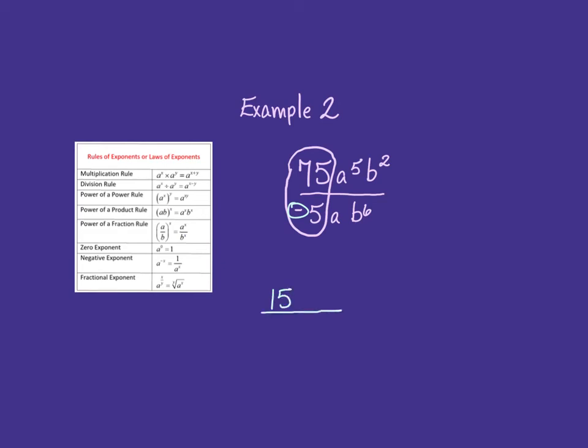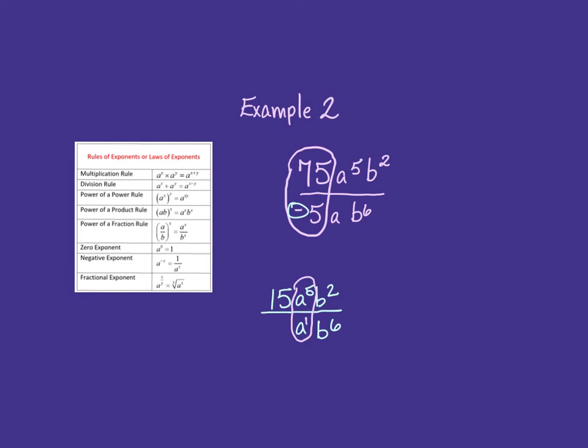So next we have 15a to the 5th b squared over a times b to the 6th. So now we can work with our a. This right here is known as a to the 1st power.